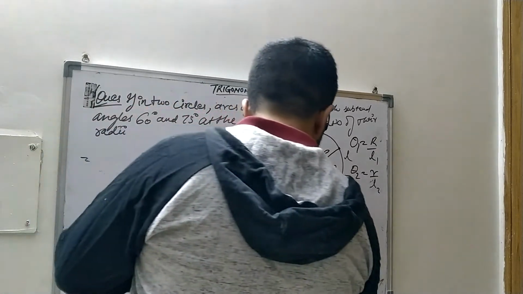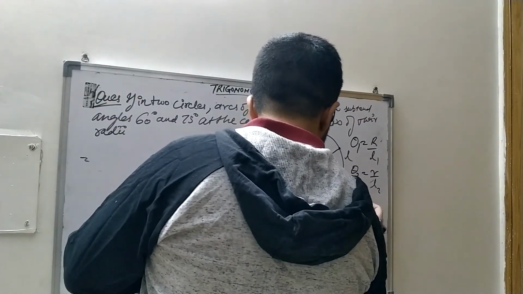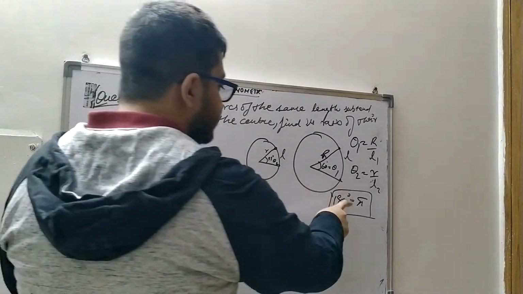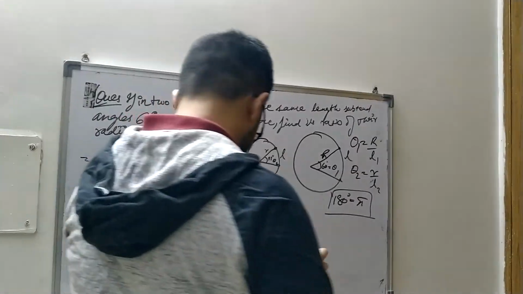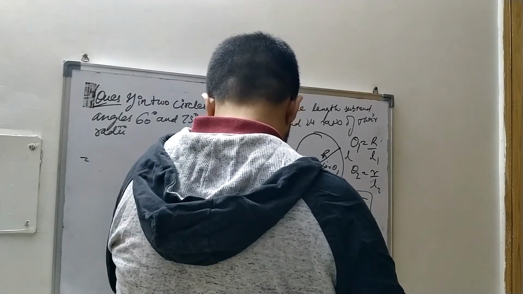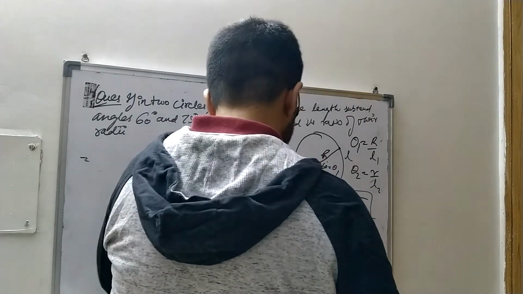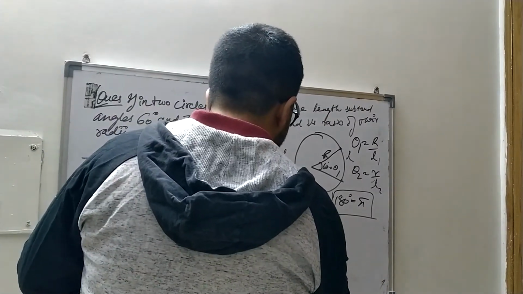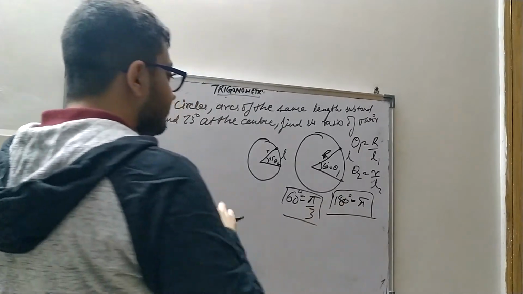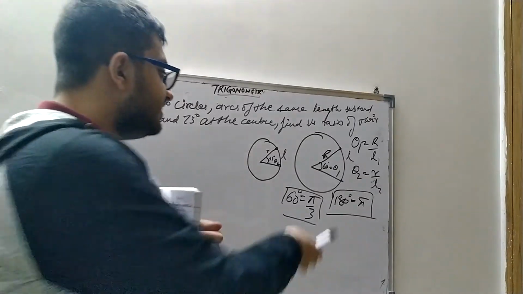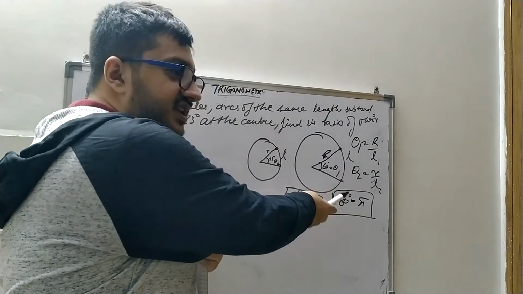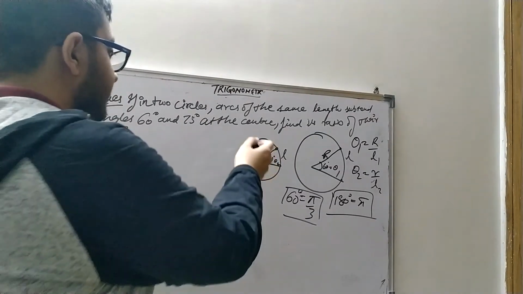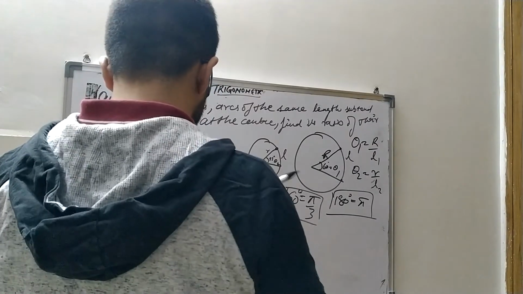We know that 180 degree is equal to pi, and 60 degree is pi by 3. We know that in trigonometry 180 degree is equal to pi radian, and 60 degree is equal to pi by 3. We take two different angle measures and measure them.